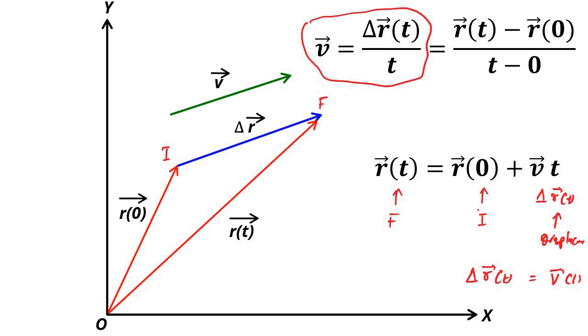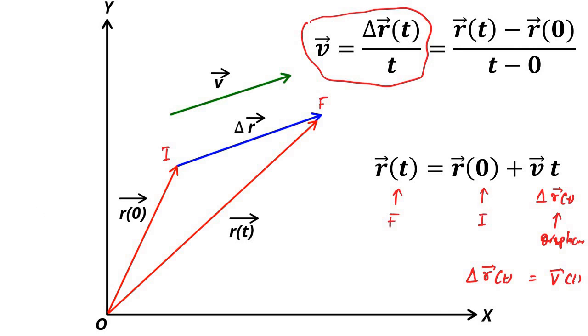So final position of the object defined by this vector is equal to the initial position vector plus change in position, that is displacement, given by V vector into t. We know displacement is simply product of velocity and time. So same here, which is represented in terms of vectors.